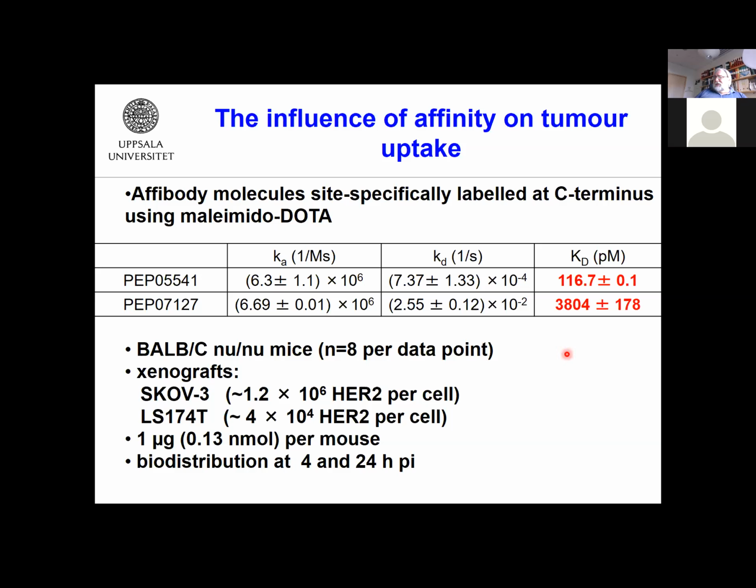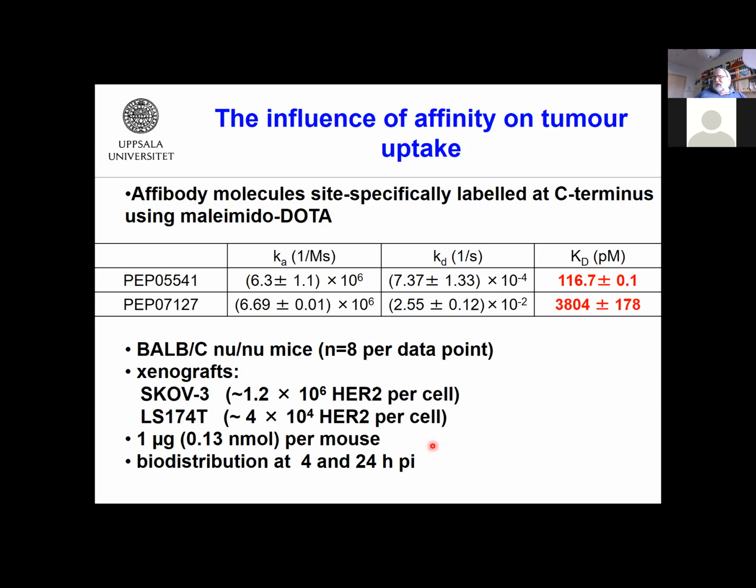So to clarify this issue, we performed an experiment with anti-HER2 Affibody molecules. And we had one variant with very good affinity, 116 picomolar. And the second was not bad. It was 4 nanomolar, but it's more than an order of magnitude weaker binding.